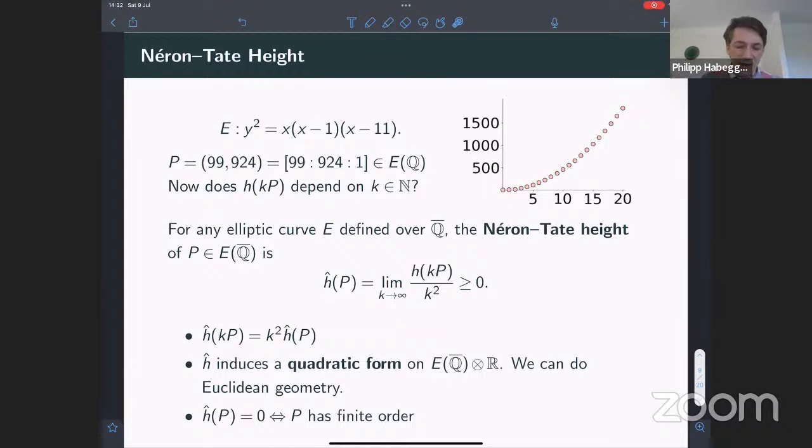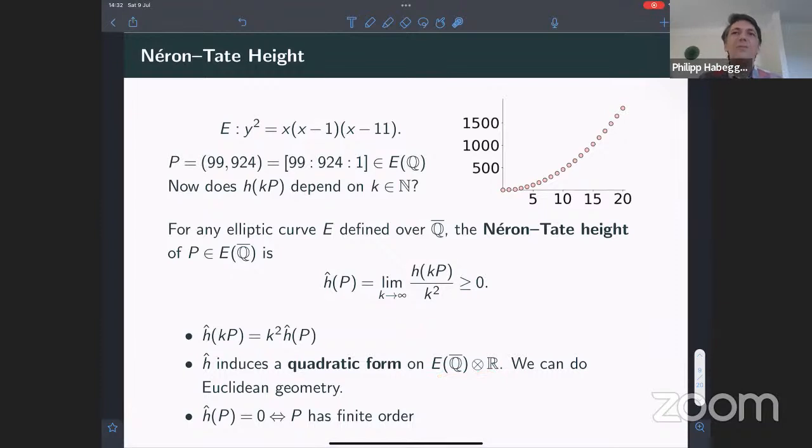In fact, this generalizes to the following, namely that the Néron-Tate height actually even extends to a quadratic form on the algebraic points of the elliptic curve tensor R. So what gets lost in this passage is that the torsion points are precisely those points of height 0. And of course, they get lost by tensoring with R, but we get a quadratic form here.